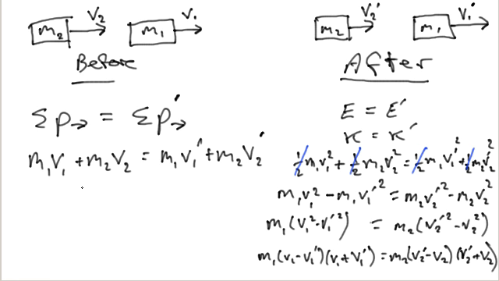I'm going to do the same thing with the momentum equation. Factor the m, get all the m1s on one side, so m1 v1 minus m1 v1 prime, and all the m2s on the other side. Then factor out the m.